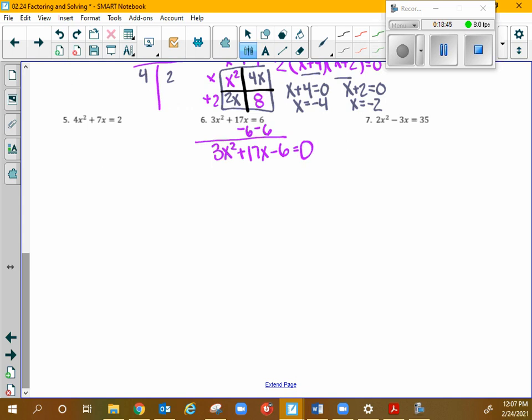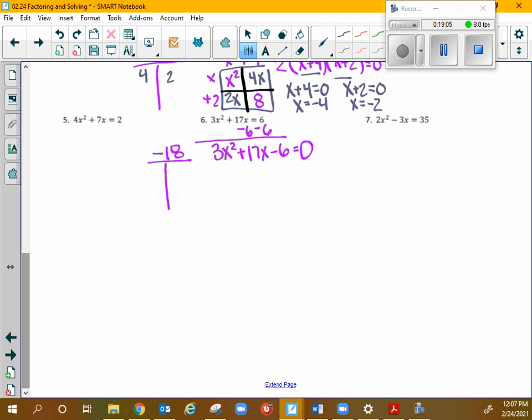So if there's something over there, you just have to subtract it over the other side or add it if it's negative. Okay, so from here, we factor. Is there a GCF? No. All right, there's no GCF, so we jump straight into factoring with A times C.